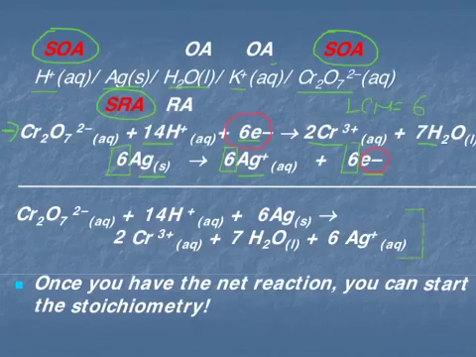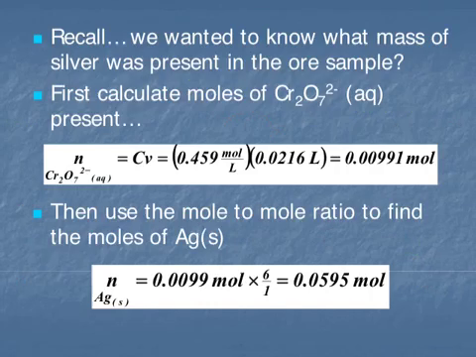Once we have this balanced chemical equation, we can now do the stoichiometry part. Our question asks what mass of pure silver was present in our ore. The first thing we need to do is calculate the moles of dichromate present. To do that, we use the formula n equals CV, because it was a solution of potassium dichromate.